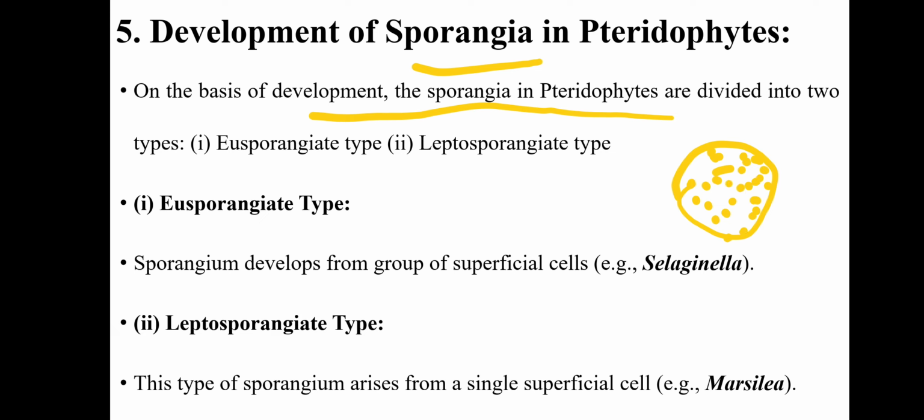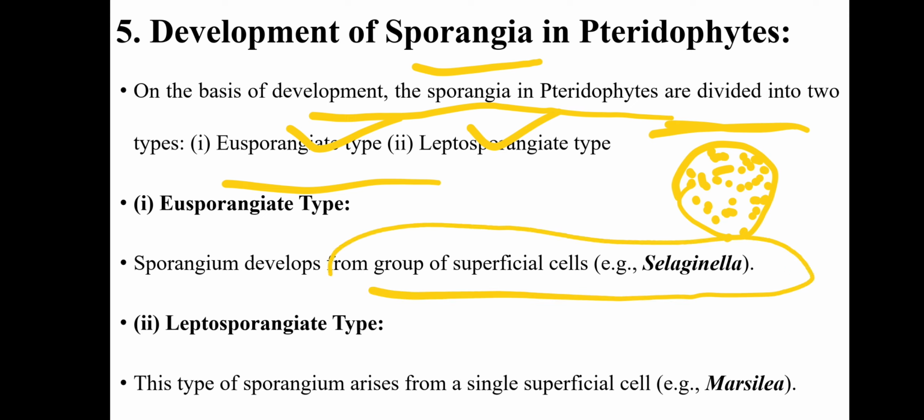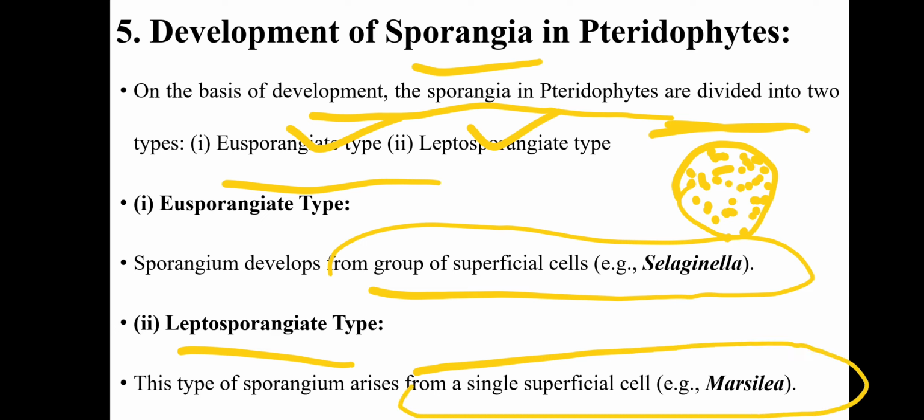This is a sporangium and it has spores inside. Sporangia develop in two patterns. One is eusporangiate, where the sporangium develops from a group of superficial cells, whereas in leptosporangiate the sporangium develops from a single superficial cell.